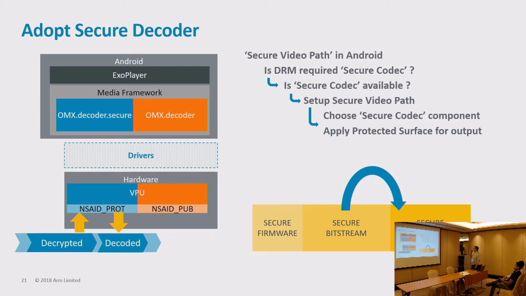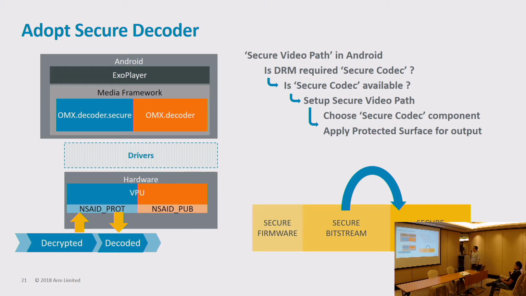And the secure decoder. Actually, Android already has support for the secure path. So the overall process is that the DRM plugin will tell the media framework whether it needs a secure codec or not.